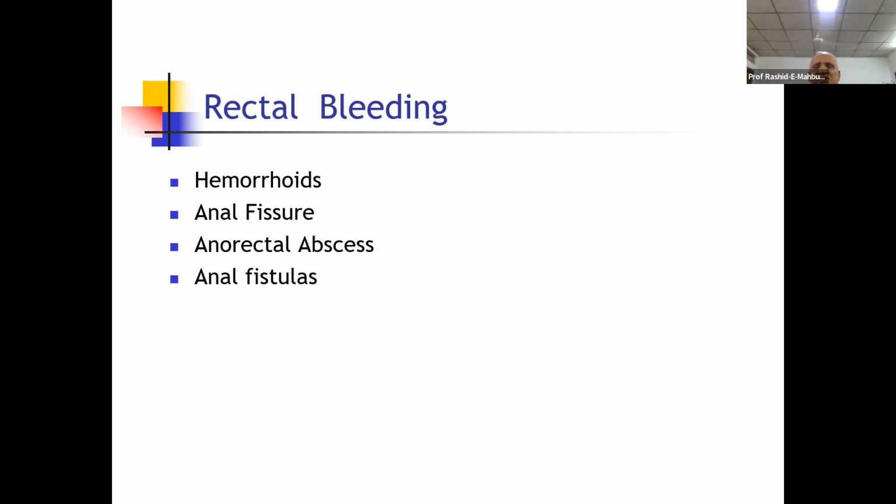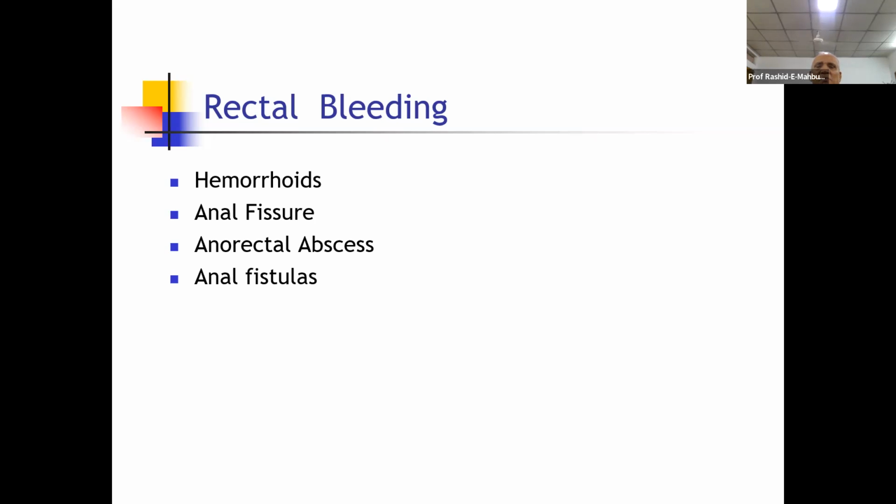So anal fissure is more common in females, related to pregnancy, and at the same time it is related to hard stool. For anyone with hard stool or constipation, it may cause an anal fissure.